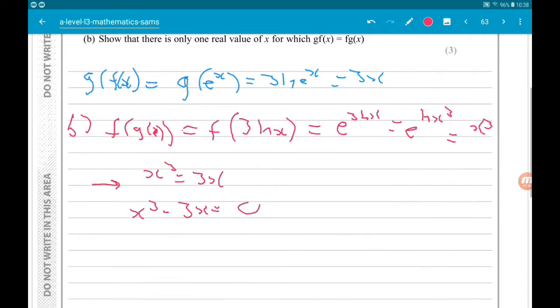Factorize, we get x times x squared minus 3 is equal to 0.